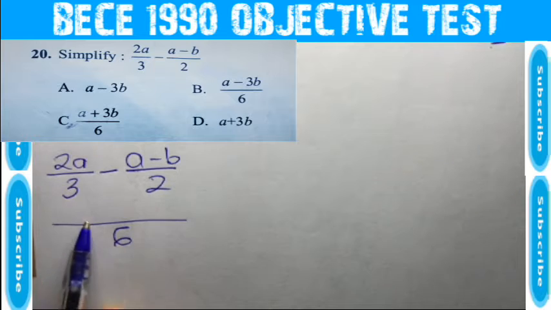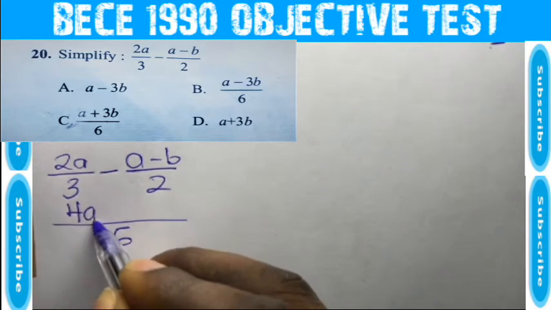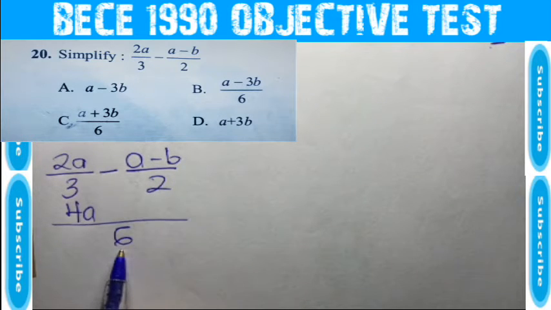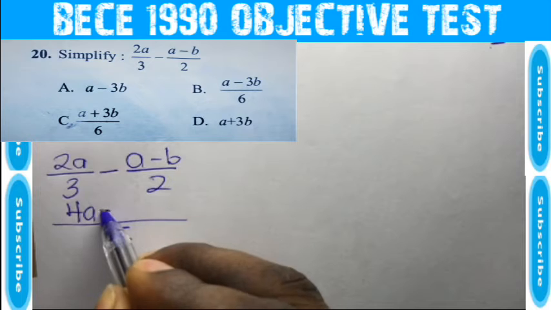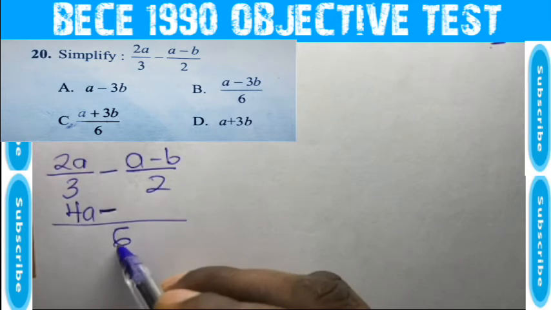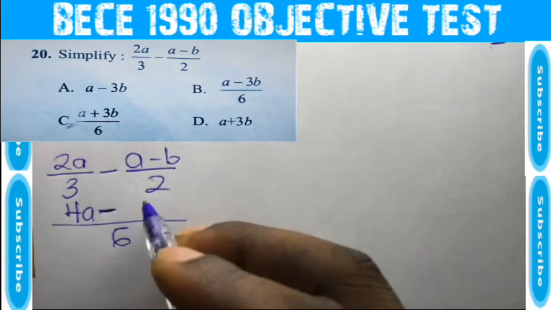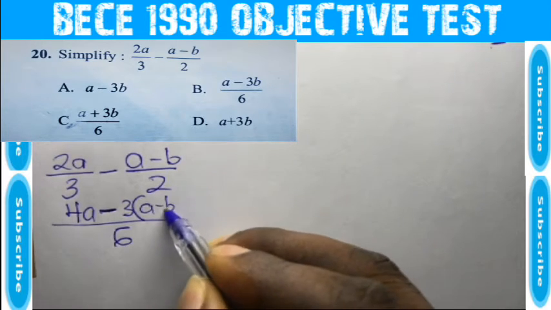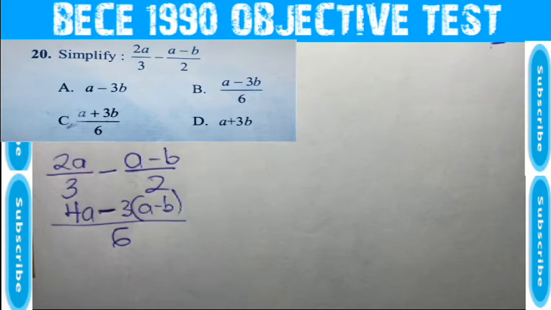3 divides 6, we have 2. 2 multiplies 2A, we have 4A. 2 divides 6, we bring the minus sign over here. 2 divides 6, we have 3. Then the 3 is going to multiply A minus B in the bracket. That's what we have right now.